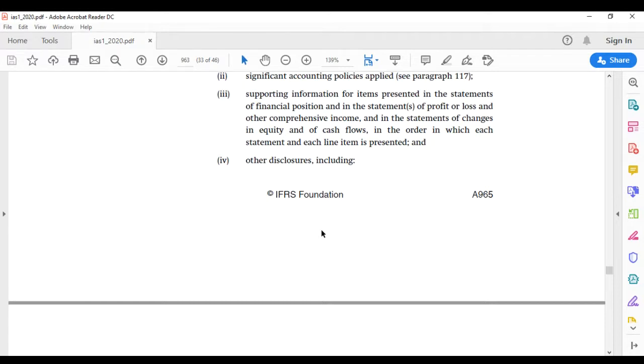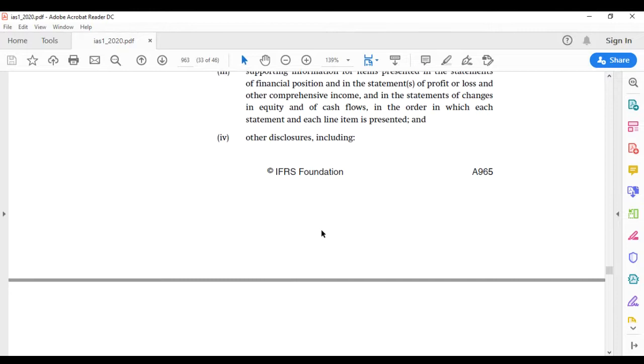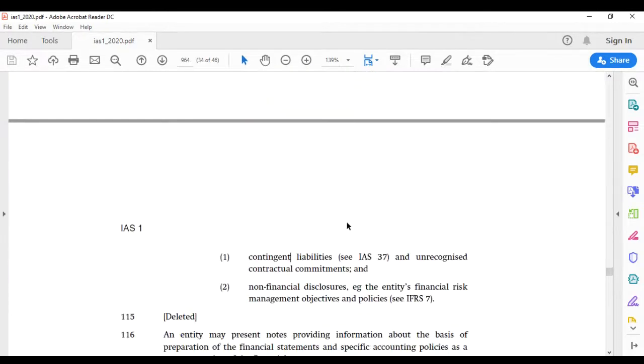So the liability is not in your statement of financial position yet. It's not part of your non-current or your current liabilities, but you have committed yourself in eventually acquiring capital, let's say capital expansion, a new plant or new equipment from a supplier, right?